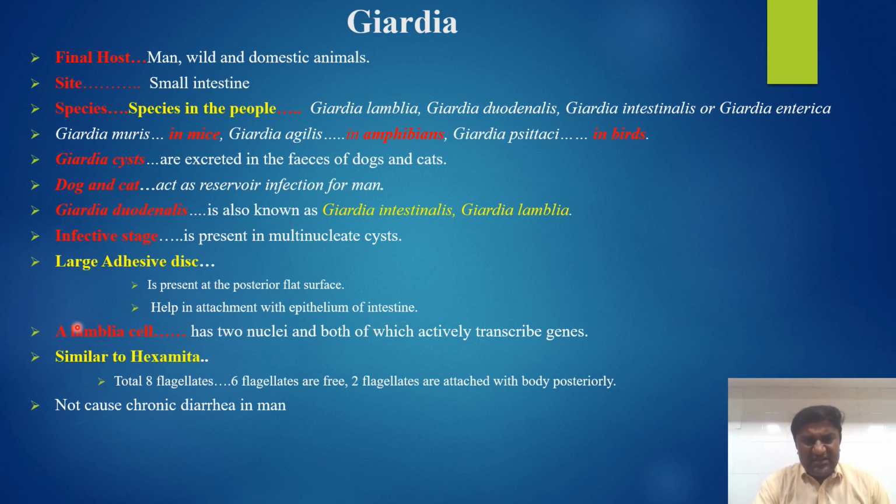A Giardia cell has two nuclei, both of which actively transcribe genes. It is similar to Hexamita. There are a total of 8 flagella: 6 are free and 2 are attached posteriorly to the body, and it can cause chronic diarrhea in man.